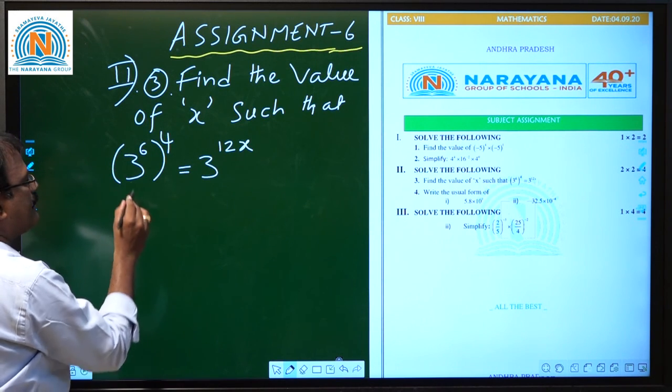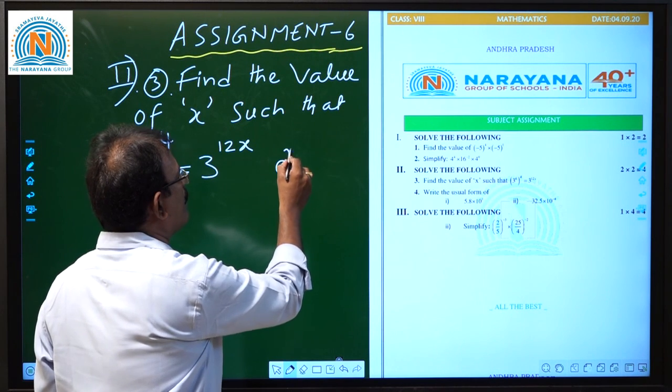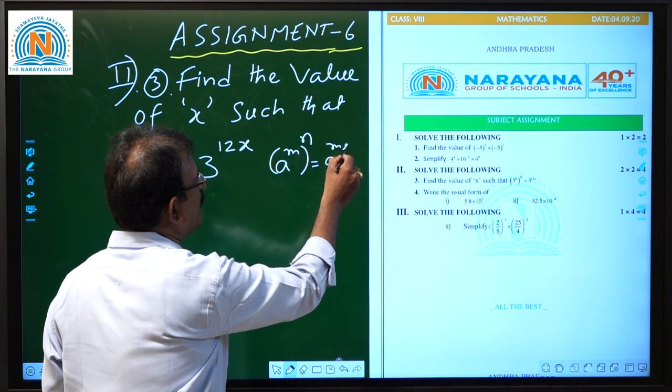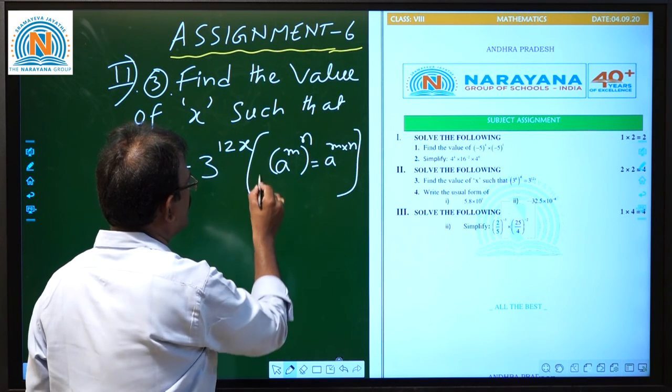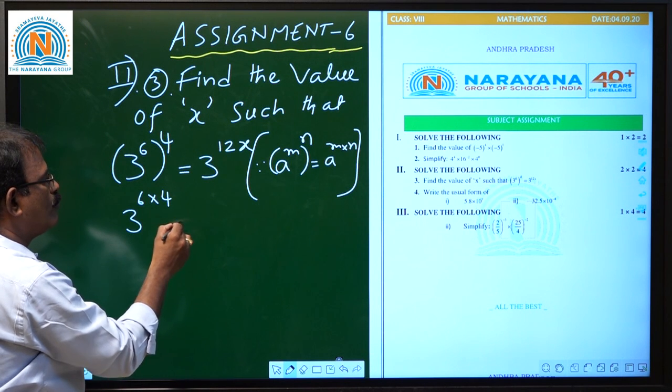So from this, (3^6)^4 is in the form of (a^m)^n. So this is a^(mn), m into n. So this is 3^(6 into 4).